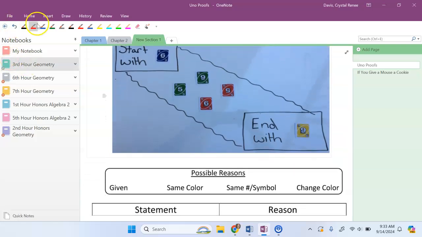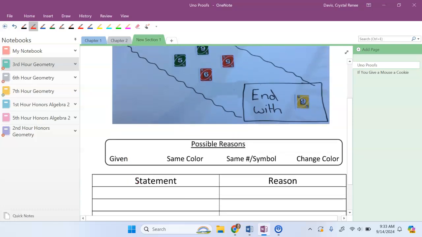So Uno, the reason we like it is because we learned to play when we were very, very little. I remember playing this with my kids when they were 2 or 3 years old, because it's very simple. You can play a card that's the same color as the one already down.